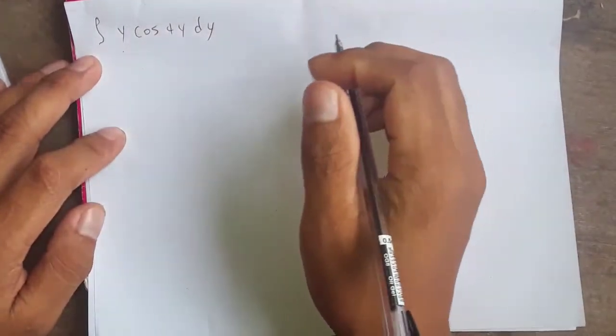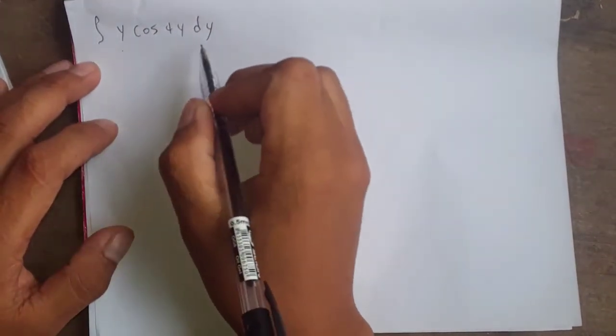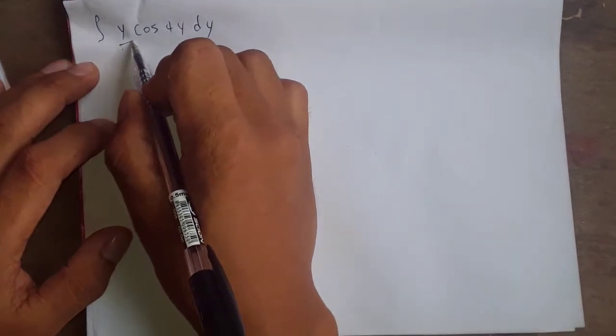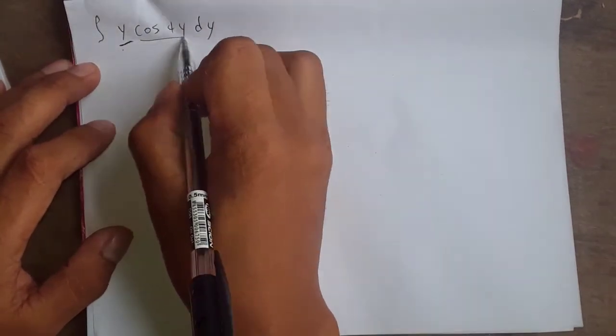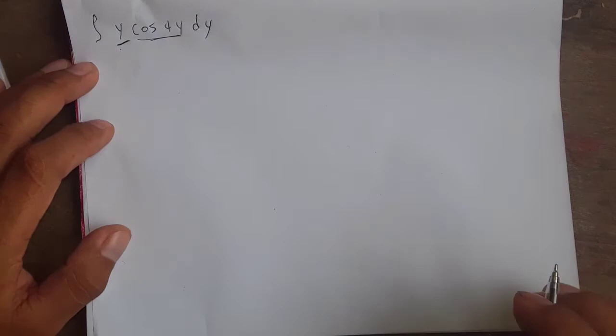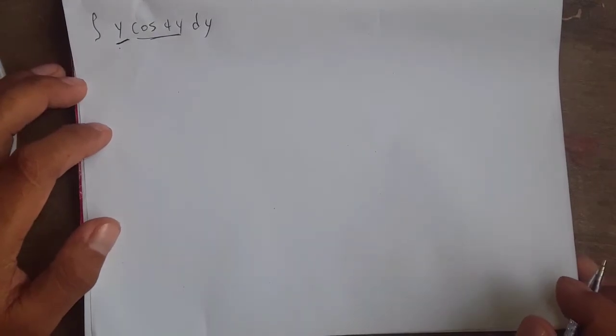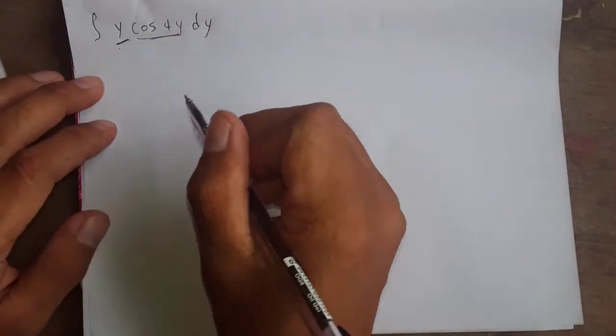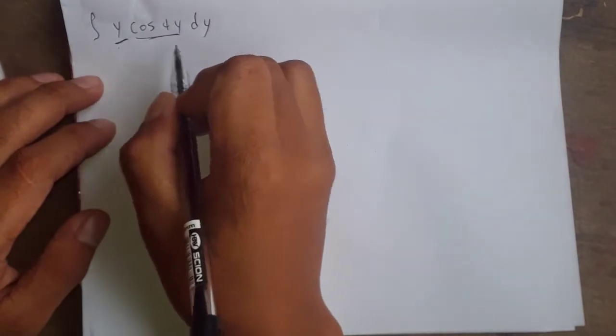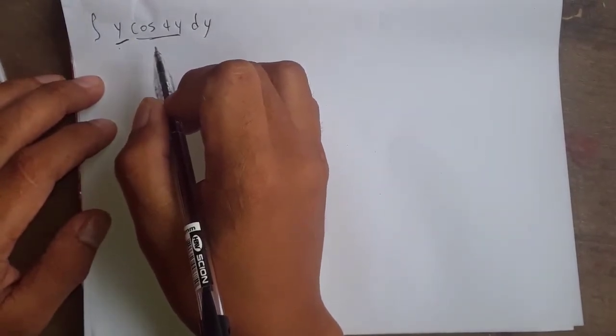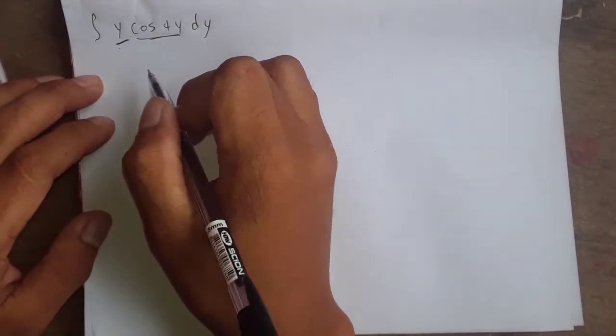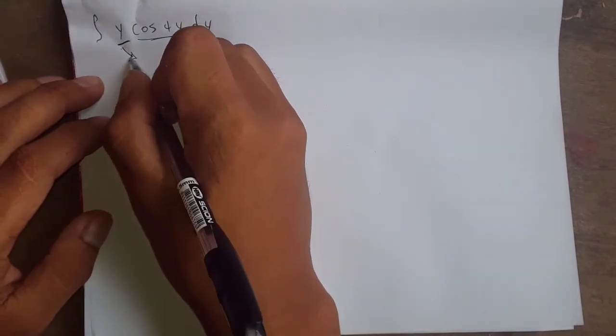So as you can see in this function, we have the product of an algebraic function and a trigonometric function. So in this kind of function, what you're going to represent here as u is also an algebraic function.